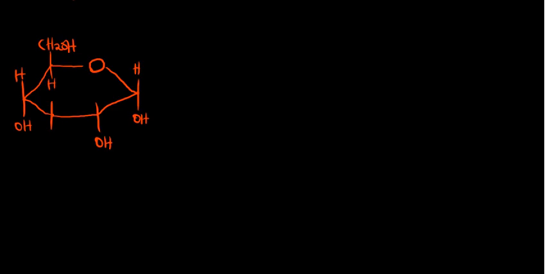This is carbon 1, carbon 2, carbon 3, carbon 4, carbon 5, and lastly carbon 6. This is the structure of glucose. Since this hydroxyl group is down, this is alpha glucose.